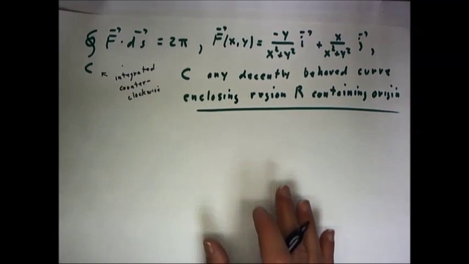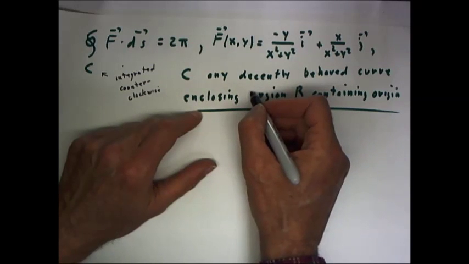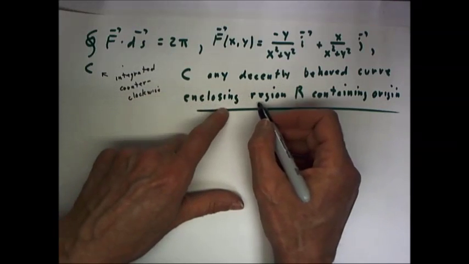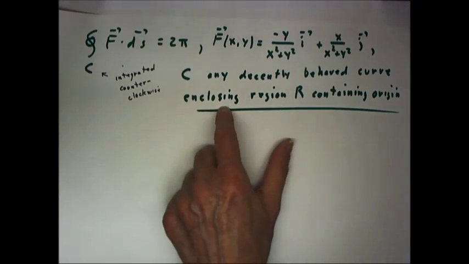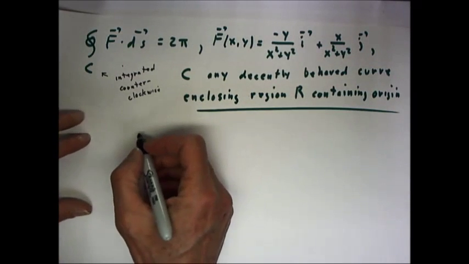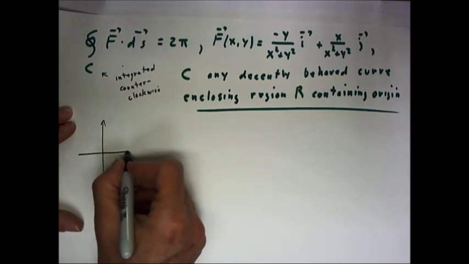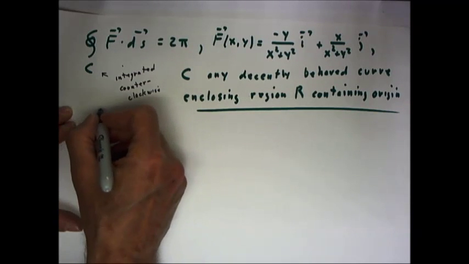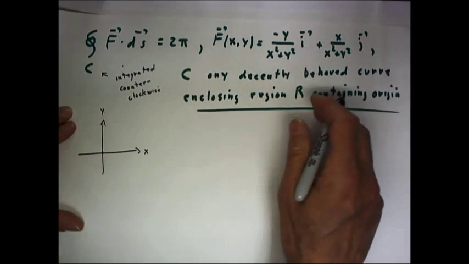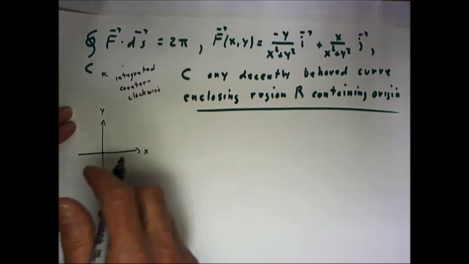Now, previously, we did this for any circle around the origin. Now, we're doing it for any curve enclosing the origin. So I need to draw a picture. If this is the xy coordinate plane with the origin here, then C will be any decently behaved curve enclosing a region R which contains the origin.